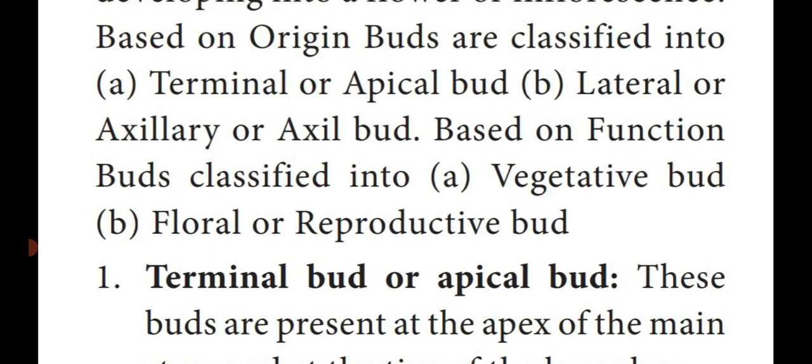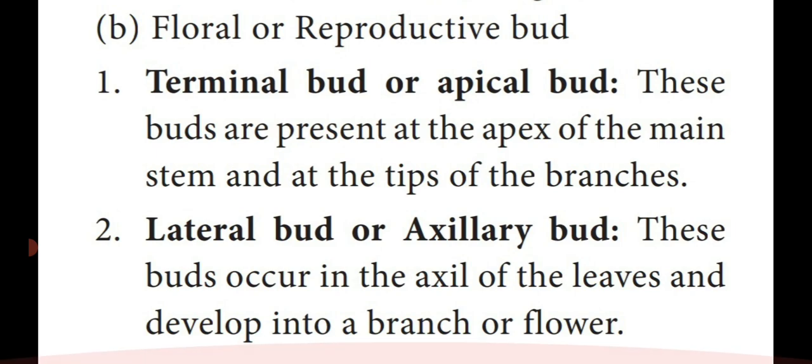Okay. Another type of bud is also there based on the function. One is the vegetative bud. Another one is the floral or reproductive bud. First, we are going to see terminal bud or apical bud, lateral bud or axillary bud. Dear students, this is an important book back question. Differentiate between terminal bud and axillary bud, or apical bud and lateral bud.